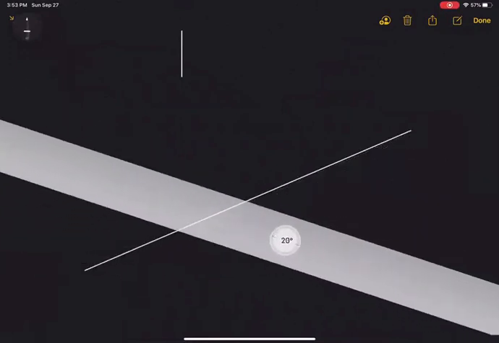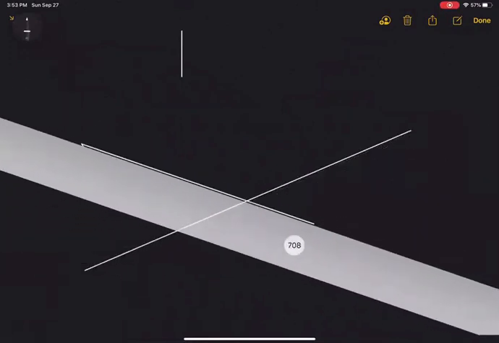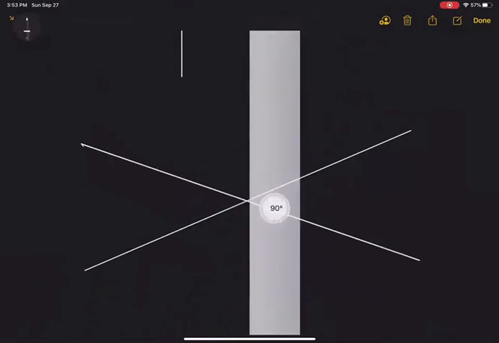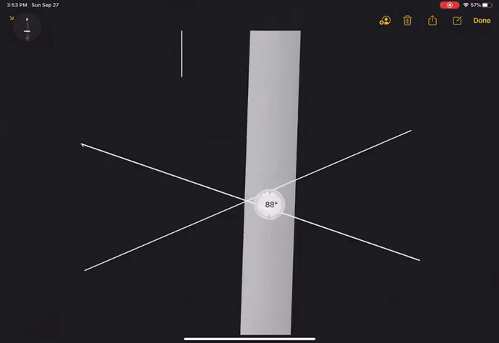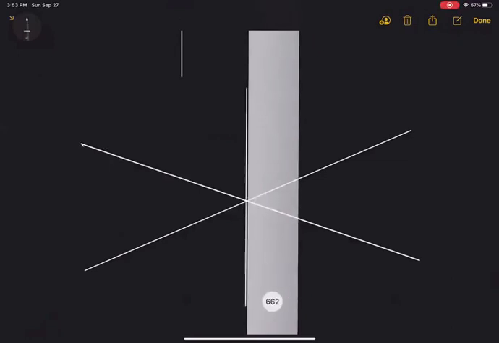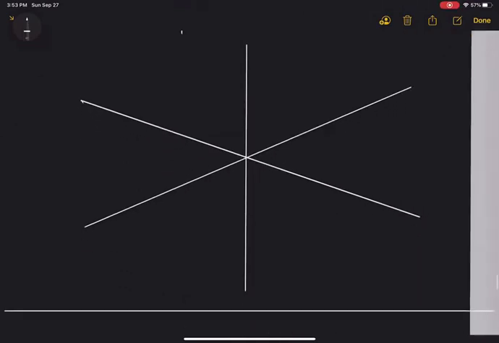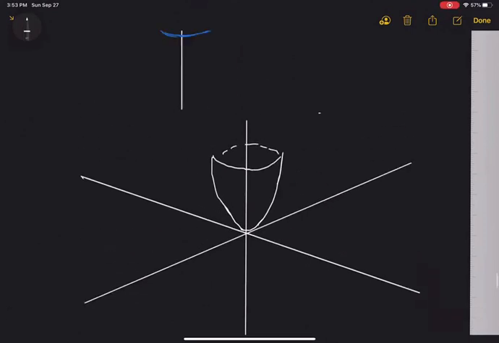It's that paraboloid, the elliptic paraboloid. So my 3D surface is this kind of open cone.